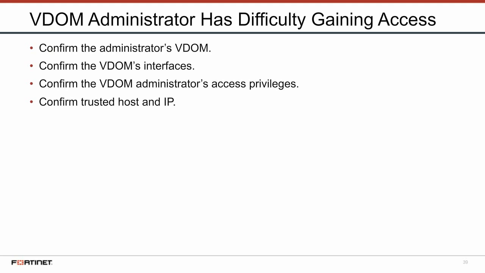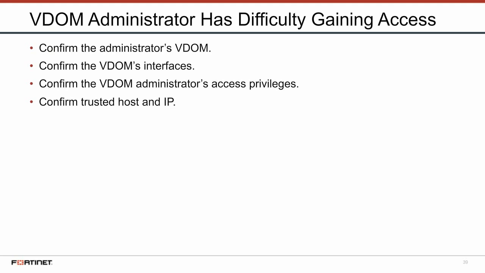Confirm the VDOM's admin access. As with all FortiGate devices, administration access on the VDOM's interfaces must be enabled for that VDOM's administrators to gain access. For example, if SSH is not enabled, that is not available to administrators.